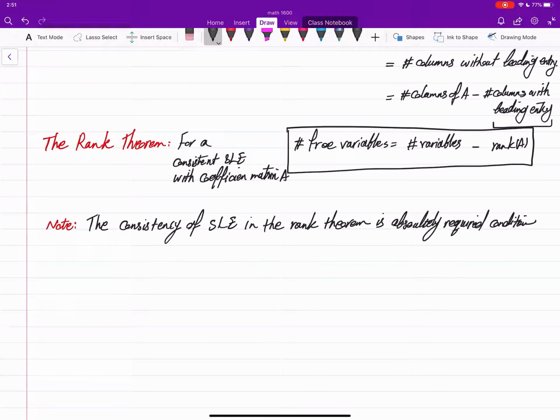unless you know that the system is not going to be inconsistent. You see, a system has two parts. One is the coefficient part. The other part is the constant terms part, yes.